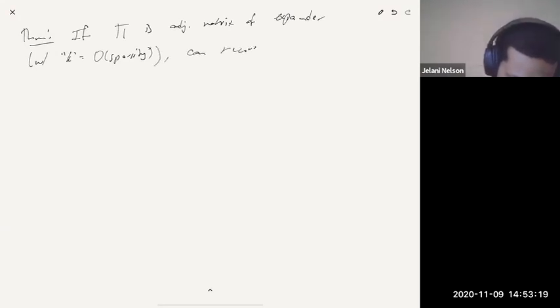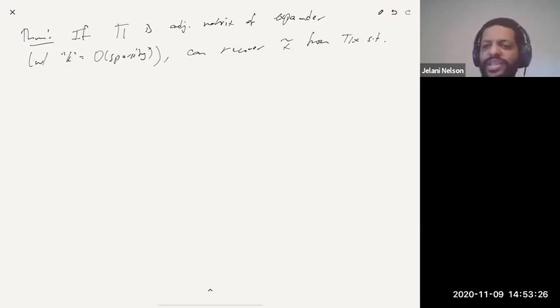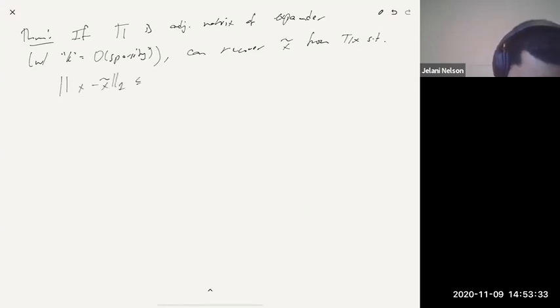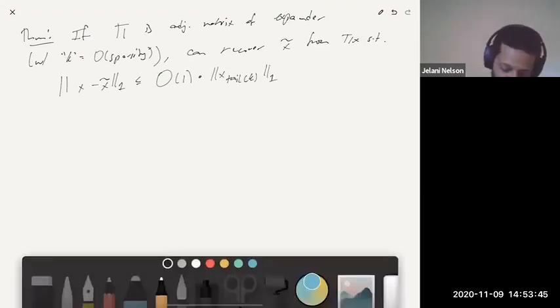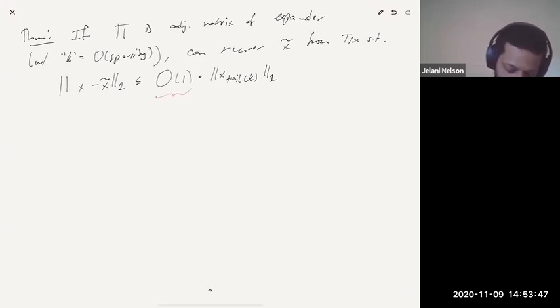then you can recover x tilde from pi x, such that you're not going to get an L2 L1 guarantee. You're going to get something like an L1 L1 guarantee, such that the L1 norm of x minus x tilde is at most some constant times the L1 norm of x minus x tilde k. So you get an L1 L1 guarantee. And in fact, it's possible to make this be even like 1 plus epsilon.